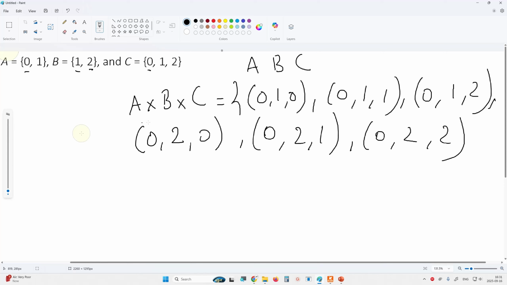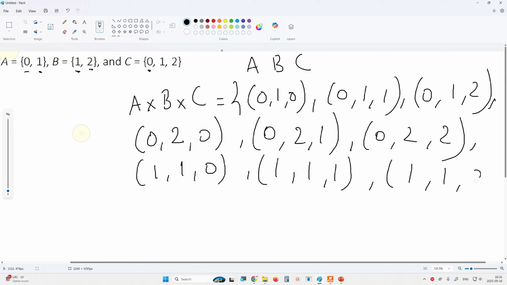So I've done these two. I have to do the same thing with this one: 1 with 1 with 0, and then 1 with 2 with the 0 and the others. So now I'm going to have 1, 1, 0, and then 1, 1, 1, 1, 1, 2.